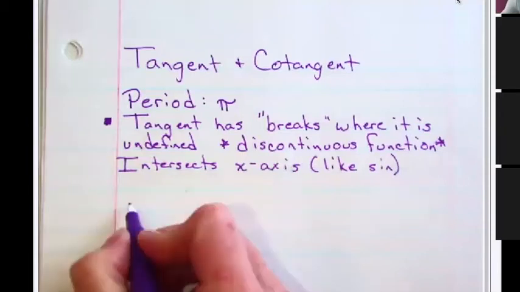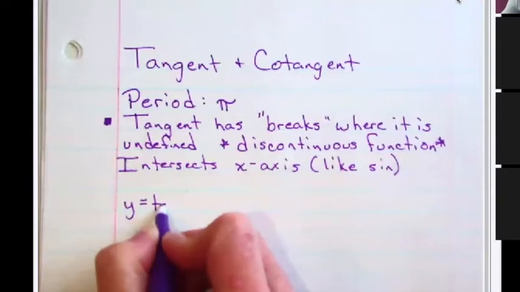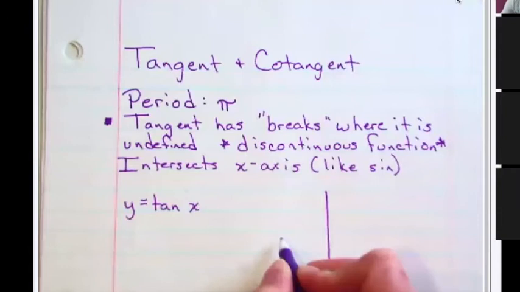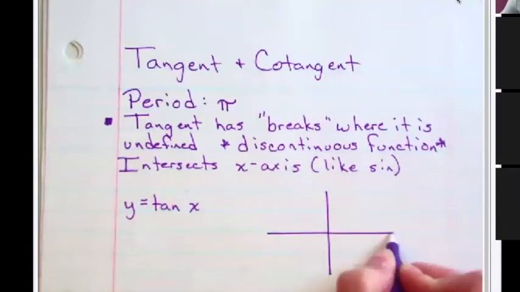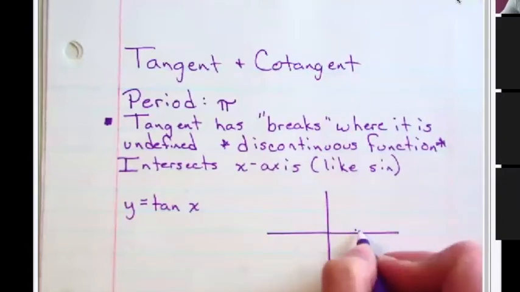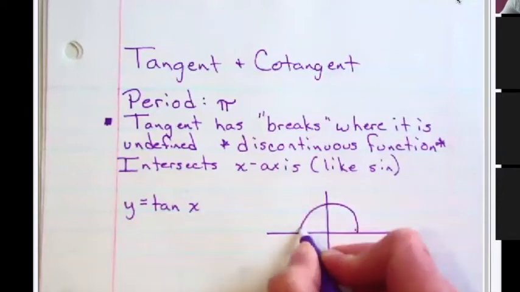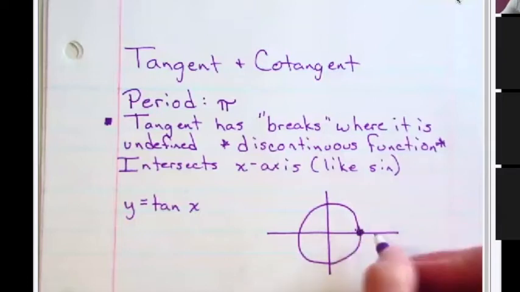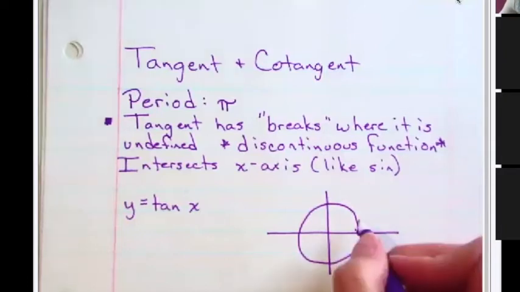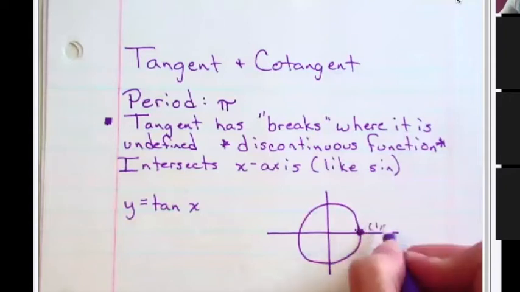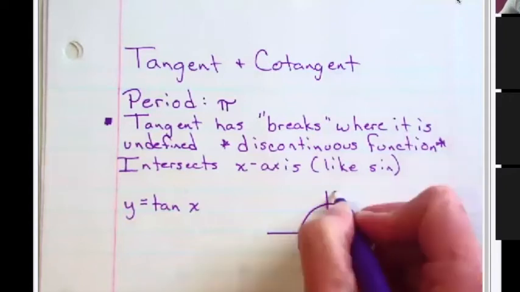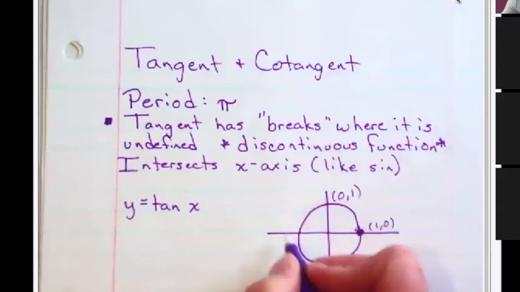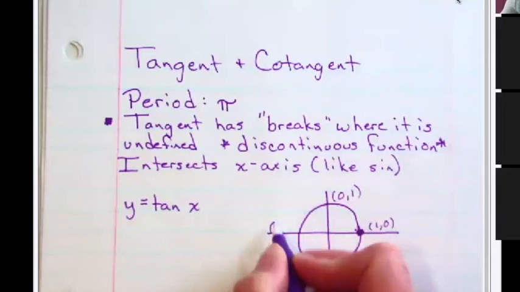So if we wanted to graph just y is equal to the tangent of x, let's look back at that unit circle one more time so we can get a little bit of a refresher where these values are. So remember, this is 0 degrees and my ordered pair is 1, 0. And this is 90 degrees and my ordered pair is 0, 1. And we know that all of these quadrantal angles, we can find those values for.